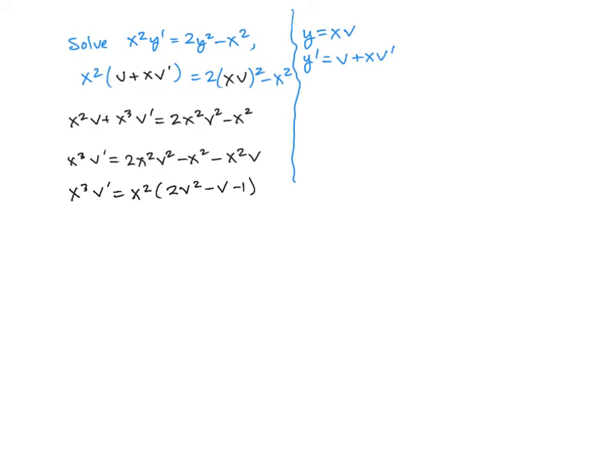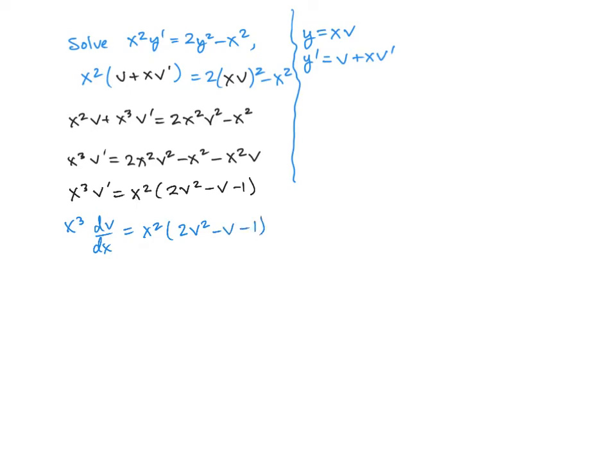And now we can divide both sides by the x cubed, and we can also rewrite v prime because now we have a separable equation. And remember that v is a function of x, so v prime is actually dv dx. So this is going to be x cubed times dv dx is equal to x squared times 2v squared minus v minus 1.